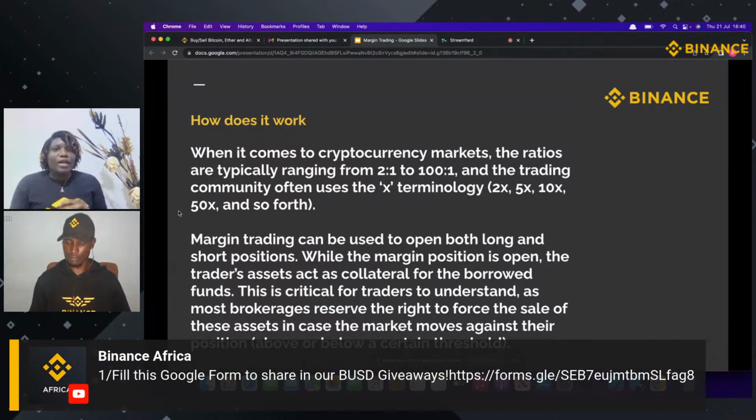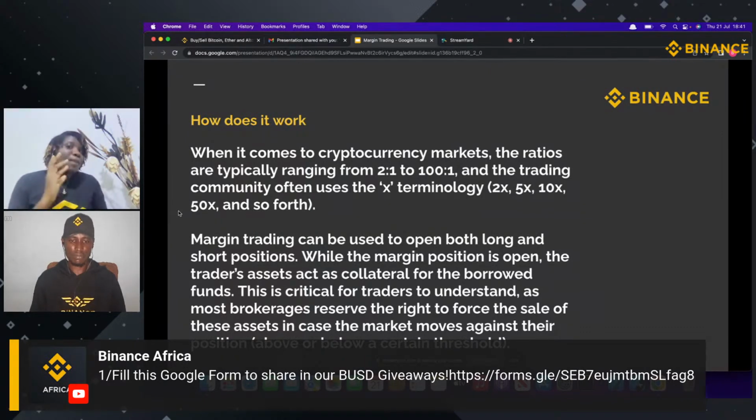It gets to a point where, in case the trade goes against you, you'll be required to top up your funds so that you can meet the minimum margin trading requirements. If you're not able to meet this, most brokerages are just going to sell your assets and then liquidate you. So that is one thing that you should take note of.